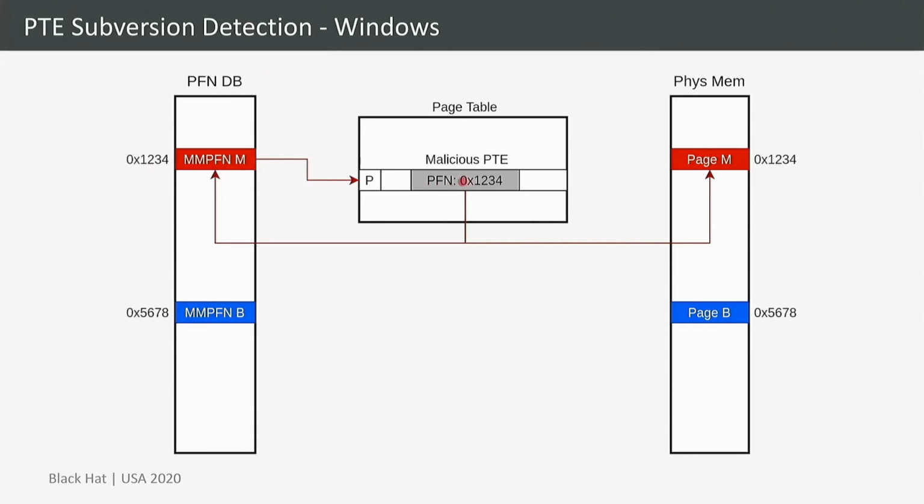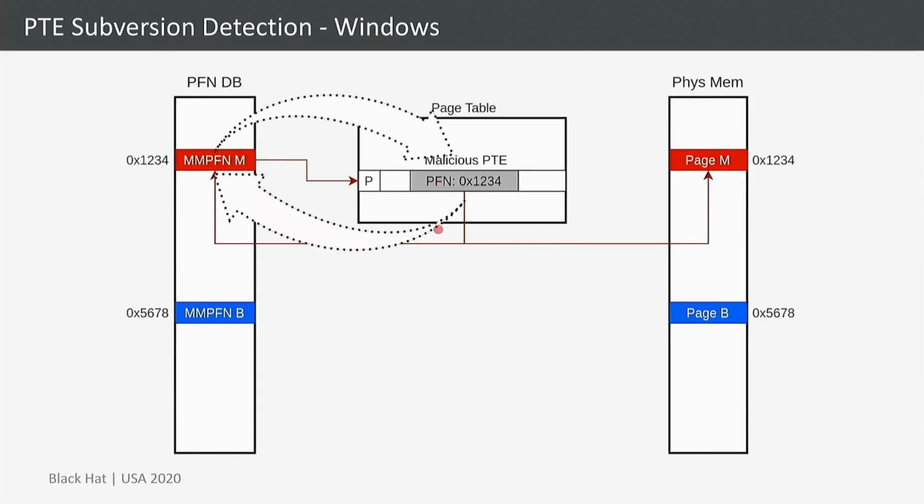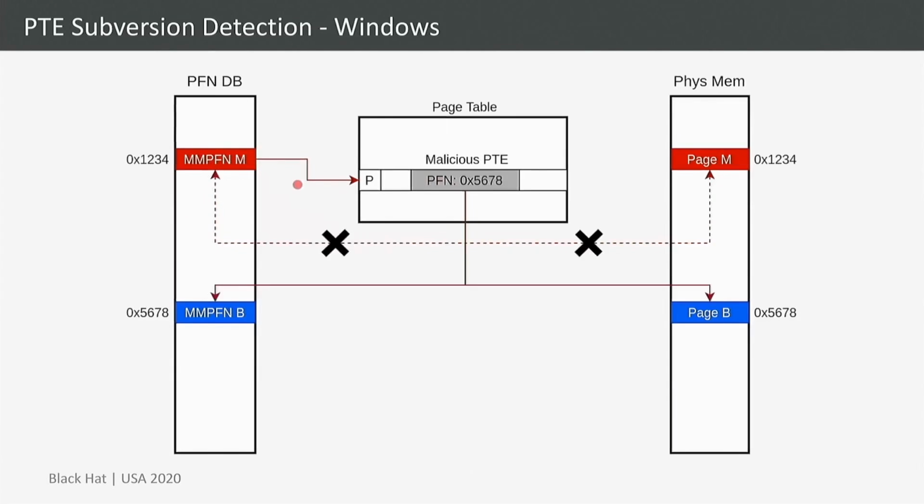So the PFN points on the one hand to the page frame, and on the other to an MMPFN struct. Each MMPFN struct for a valid page also points back to the PTE that belongs to it. So we have a kind of loop that points back and forth. If we now do the PTE remapping, changing the PFN value, the pointers get modified.